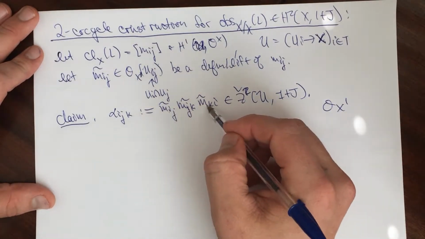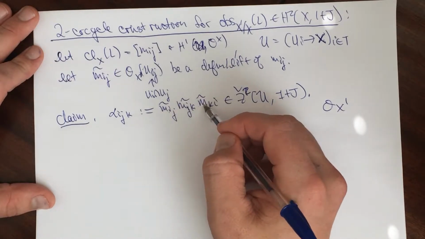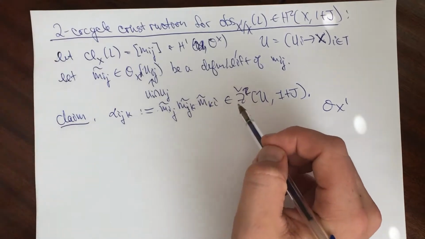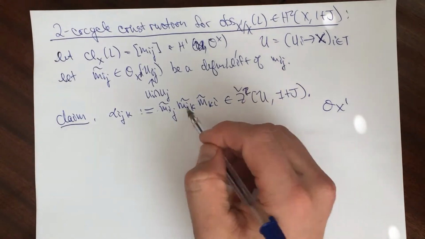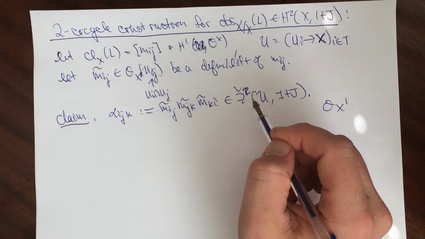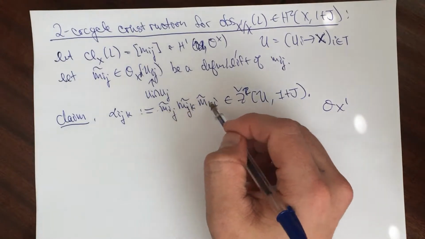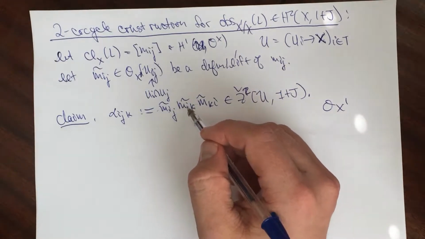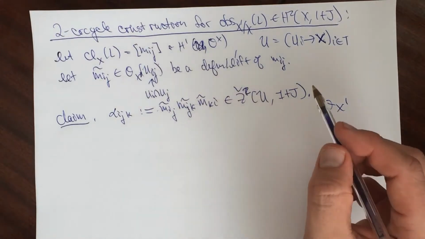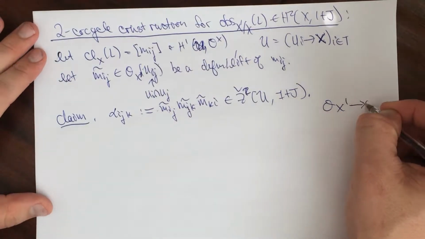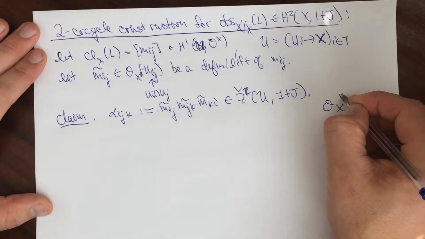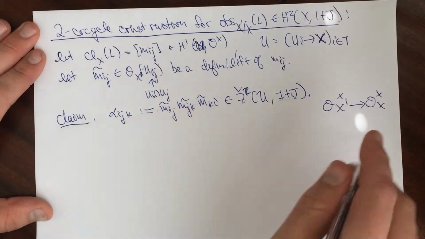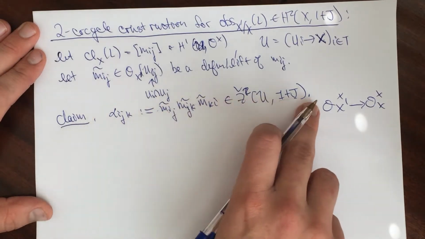When you reduce mod J, the Mij satisfy the cocycle condition, so this is going to be 1. So these things are all going to be in the kernel of this map, and the kernel of this map is this. And that's how we get this in here.